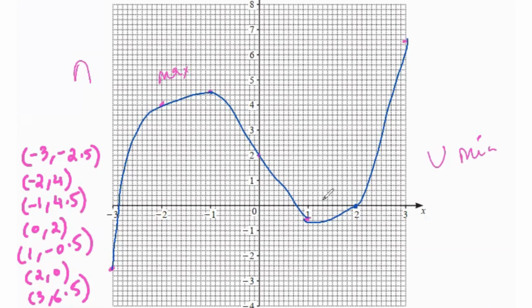Since my graph is not that smooth, let me just make that better. Slightly better.